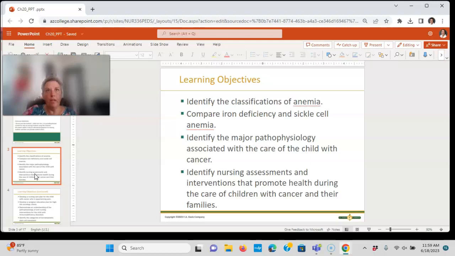So, hematologic, neoplastic, immunological. We're going to talk about the classifications of anemia, compare iron deficiency with sickle cell anemia, the major pathophysiology of kids with cancer, and identify the nursing assessments and interventions that would promote health during the care of cancer kids and their families.